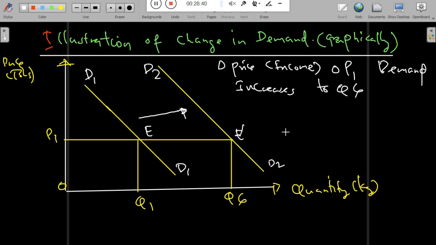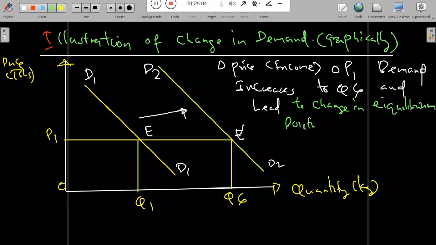After an increase in income, demand must also increase from Q1 to Q6. So there is a change in equilibrium position from point E to the new point of equilibrium, E prime, and a shift in the demand curve from D1 to the new demand curve D2.